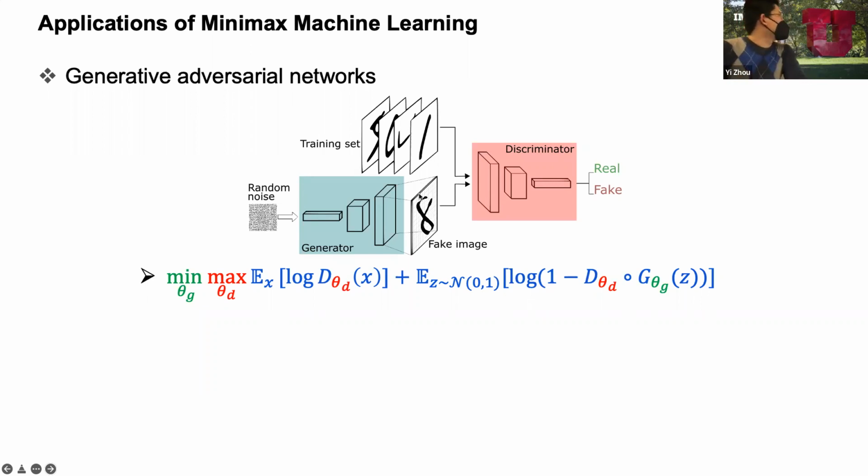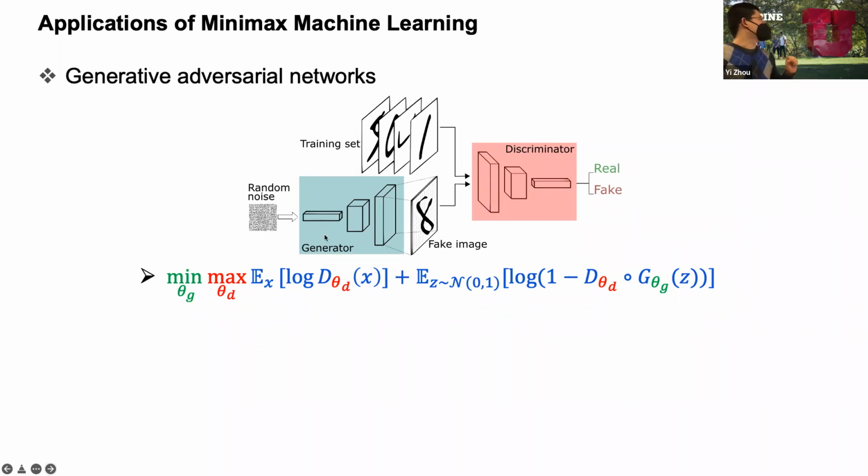And the way we do this is to introduce another discriminator model. This discriminator is a binary classification model that aims to distinguish between the real training images and the generated fake images. And then we let the generator compete with the discriminator through this minimax optimization.